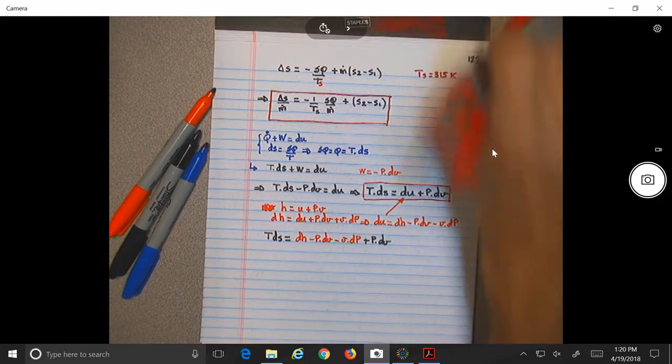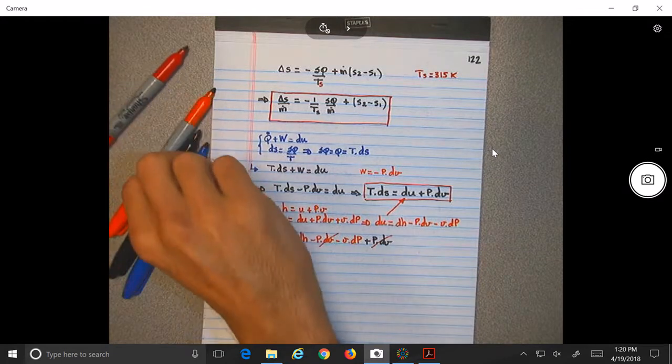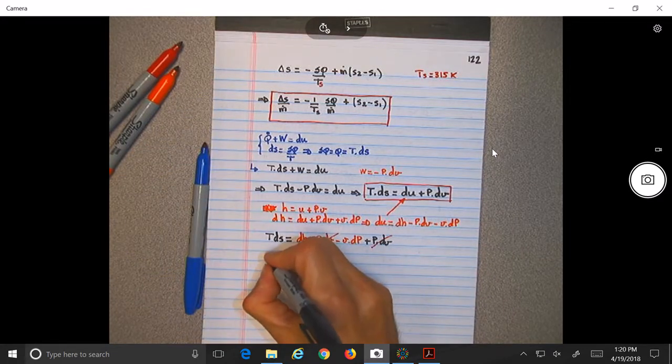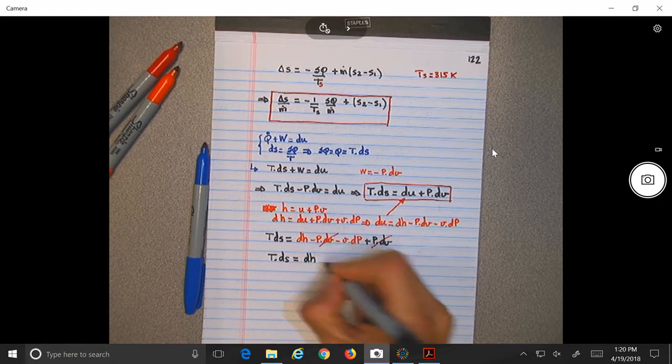What happens over here? PdV cancels, so we ended up with the second TdS relation, TdS equal to dH minus VdP.